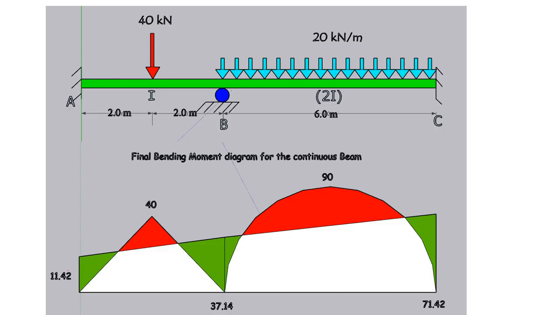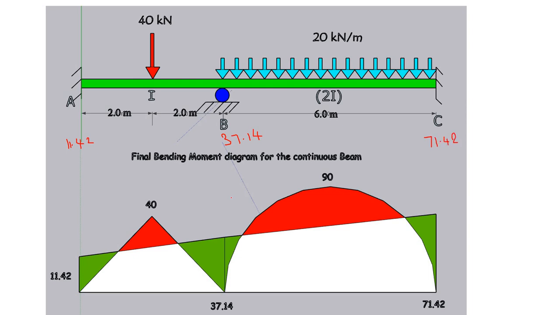So you can see that here you have 11.42 and here you have 37.14, plus or minus, minus and plus, and here you have 71.42.